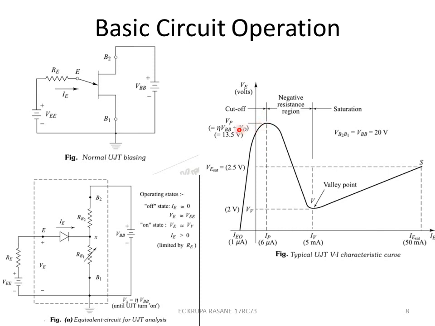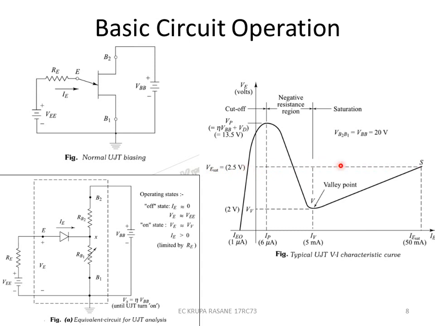If V peak is around 13.5, you can have I peak as a positive 6 microamperes, and at the valley point we can have a valley voltage around 2 volts. So from 13.5 it will drop to 2 volts, and the corresponding current is going to increase from 6 microamperes to 5 milliamperes.